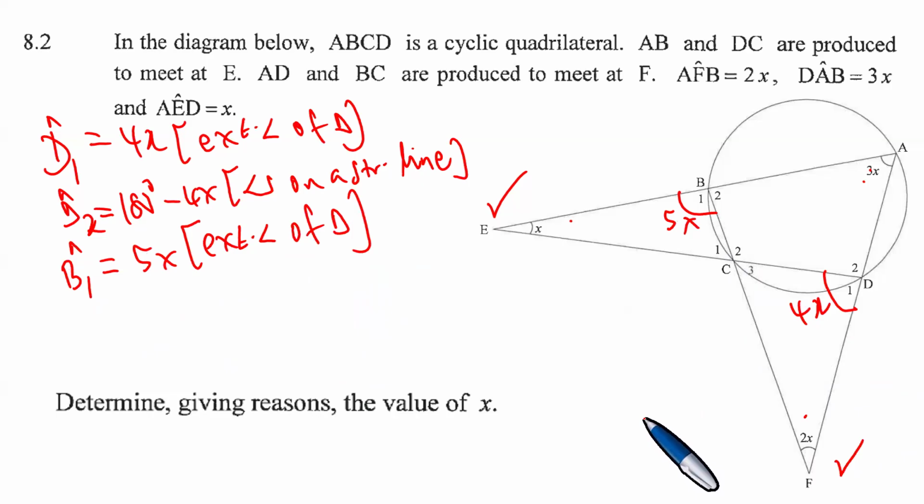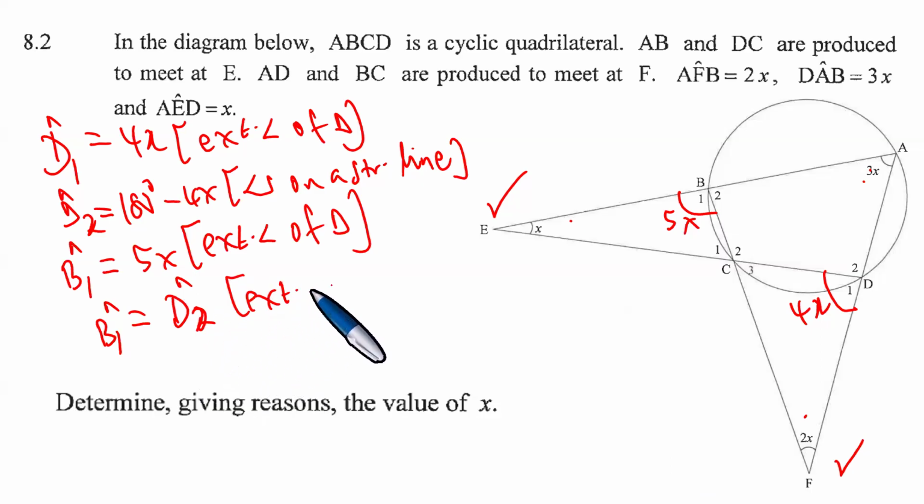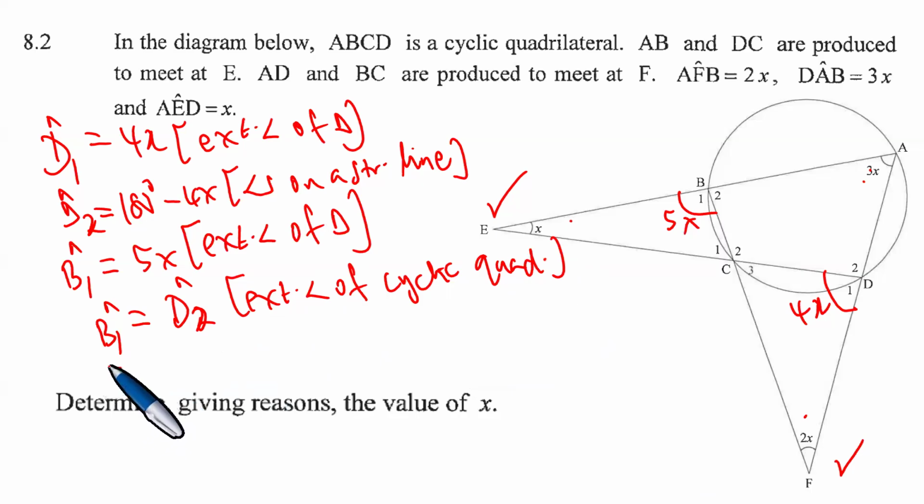We can see very clearly that the angle B1 equals the angle D2, which is the exterior angle of a cyclic quad. The angle B1 is 5x. The angle D2 we have already got as 180 degrees minus 4x.